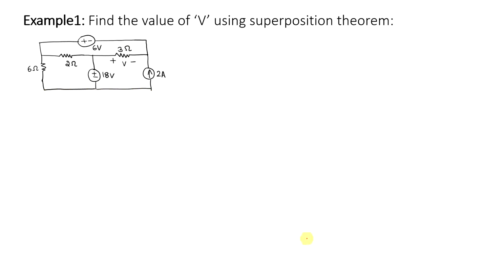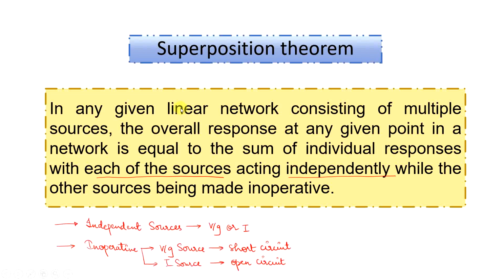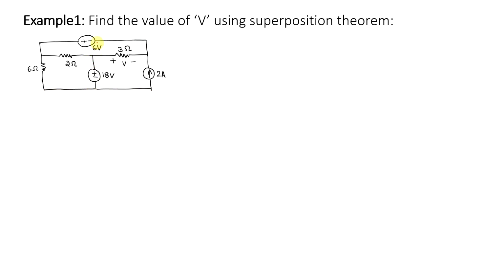You can see in the question they have specified that you are supposed to compute the voltage V that is marked here, right? So this theorem is applicable only when you have multiple sources.